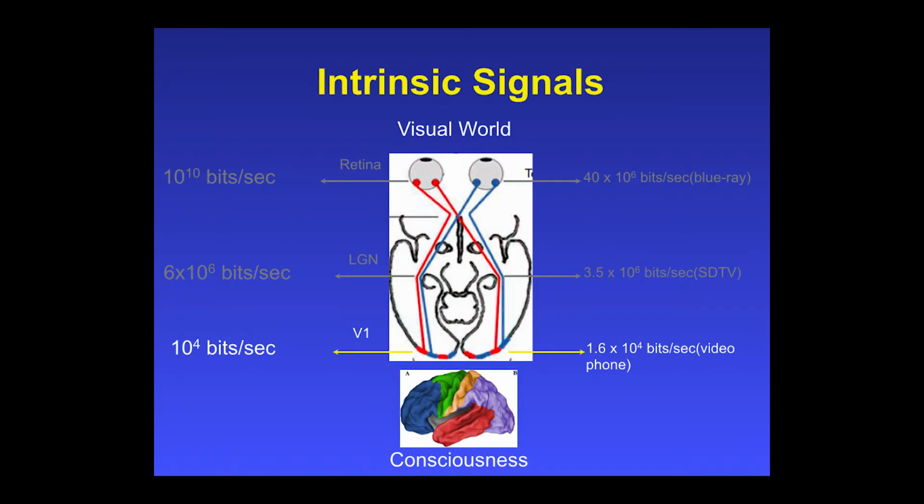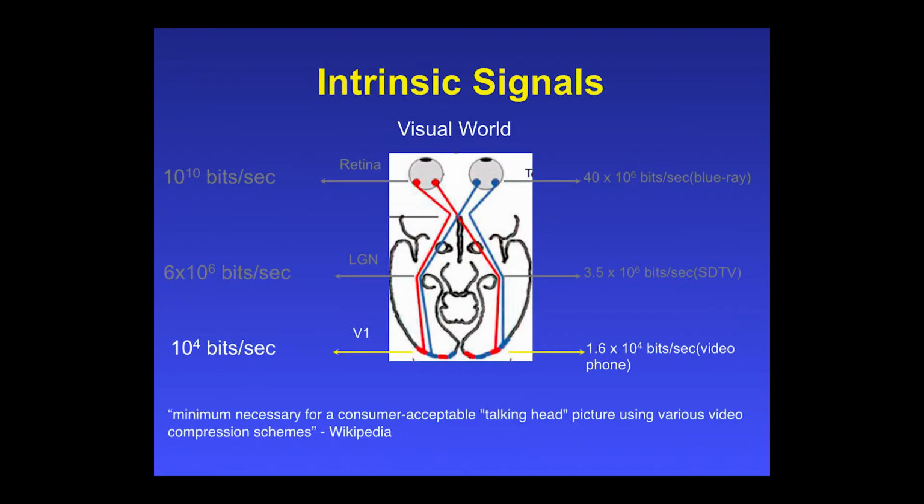And that's about the same amount of information that you see on a video phone. When I was preparing this talk, I looked up video phone resolution on Wikipedia, and this is what they say: that's the minimum necessary for a consumer acceptable talking head picture using various video compression schemes. It's something you see from the reporters that are overseas at war in Iraq or Afghanistan, right?